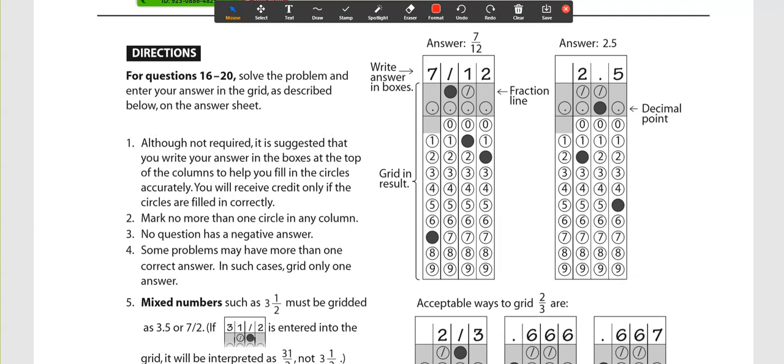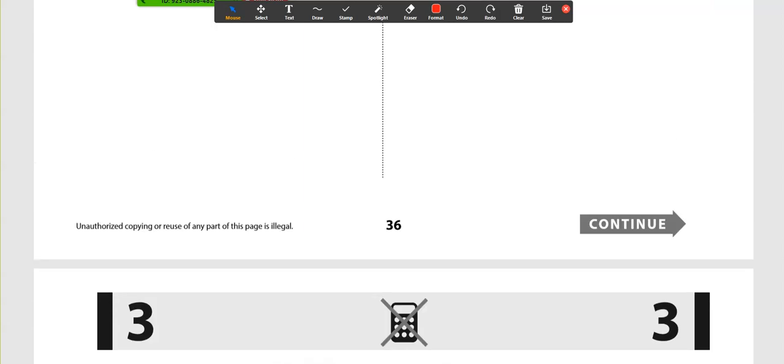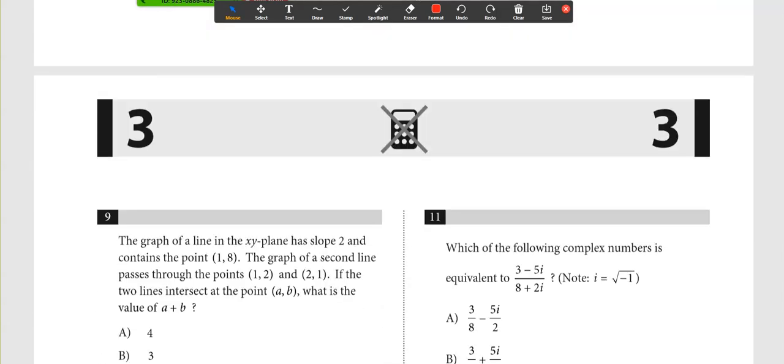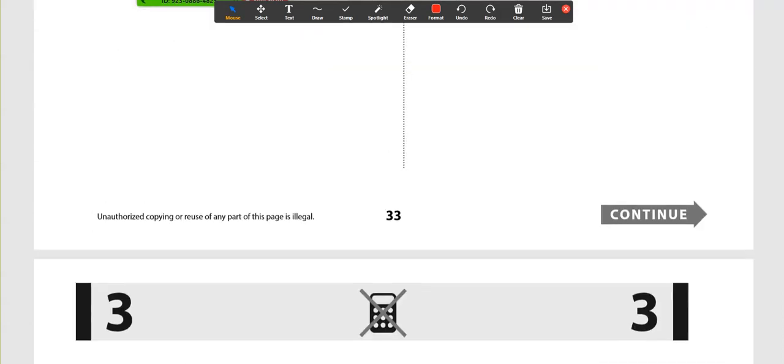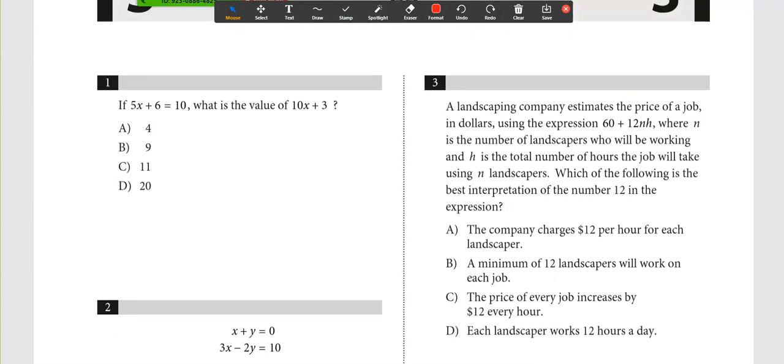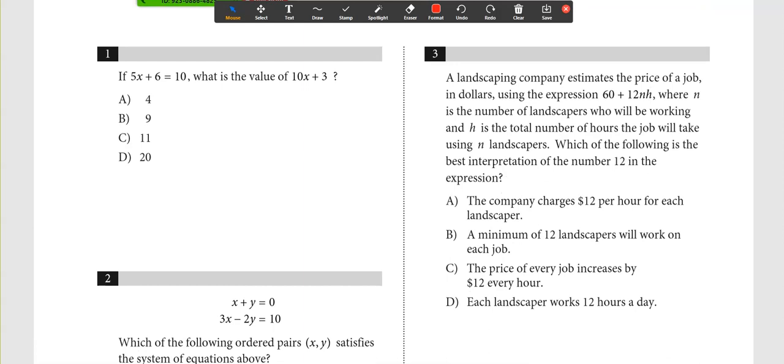Okay, so the goal here, I'm going to split you up into your breakout rooms, and does everybody have a digital copy in front of them, or printed copy from the test that I sent you? Okay, so you should either have a digital copy in front of you or a printed copy, whichever.